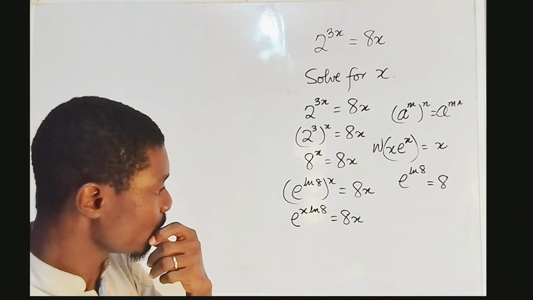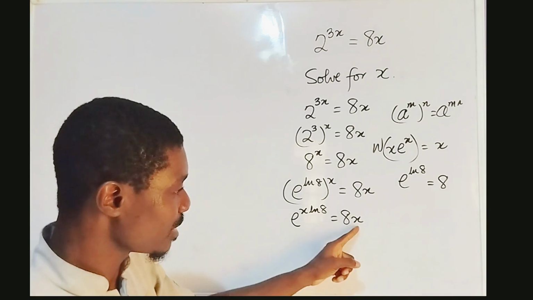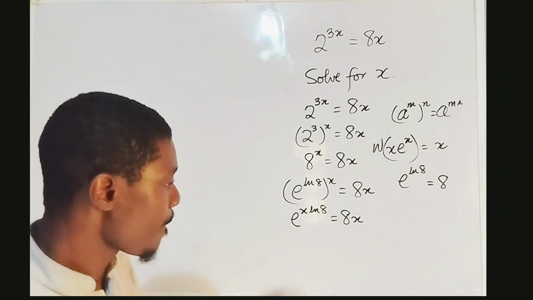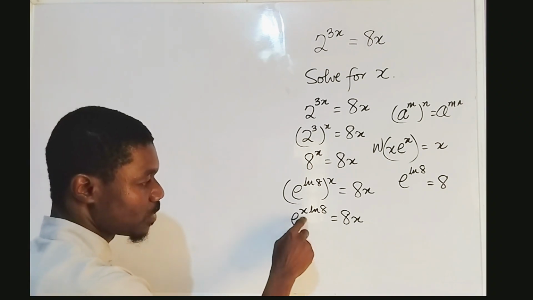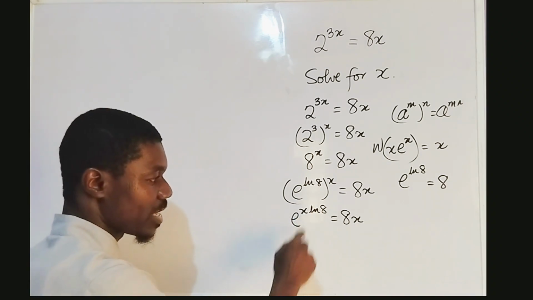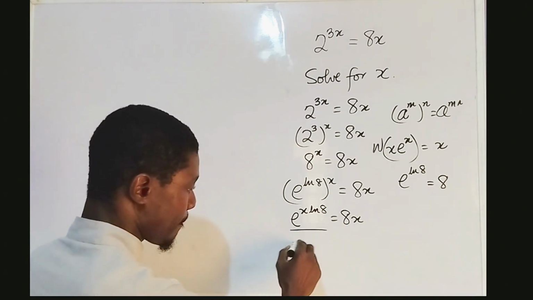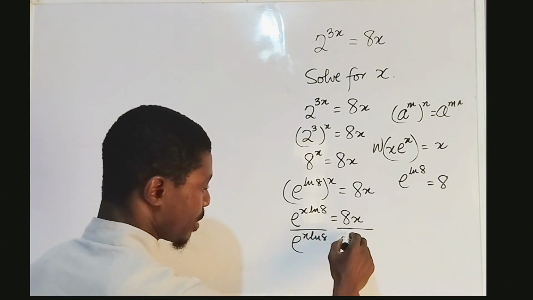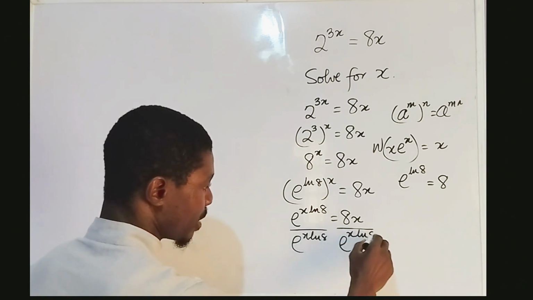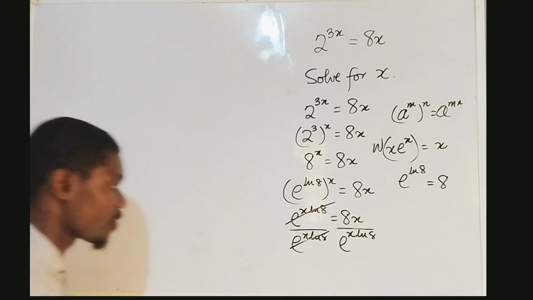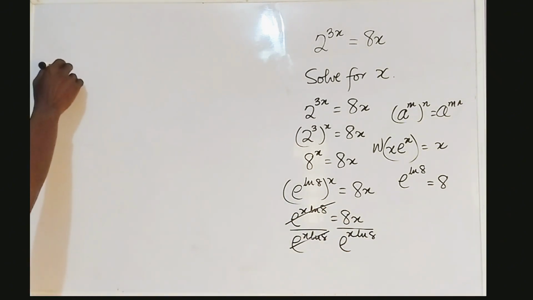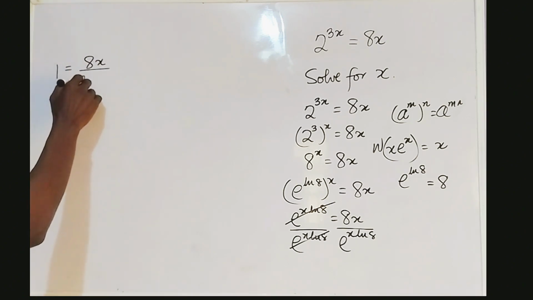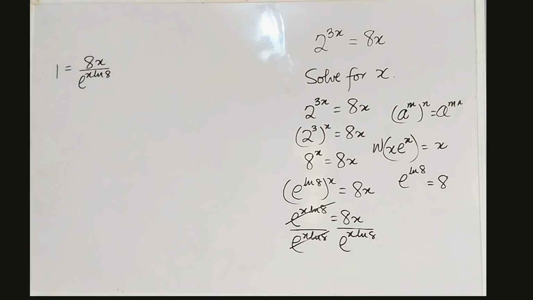Okay, so to this end, take note, we still have x here. Now let's divide both sides by e raised to the power of x ln 8. So we eliminate this, and we end up having 1 equals 8x all over e raised to the power of x ln 8.